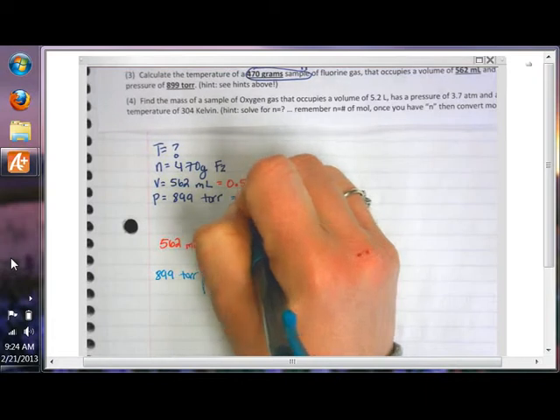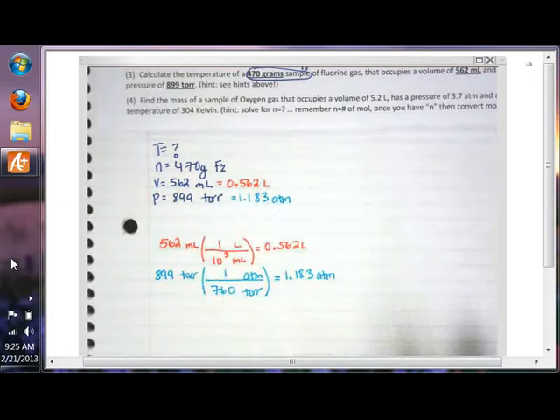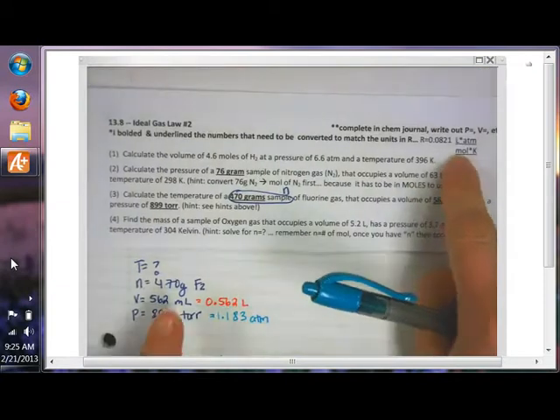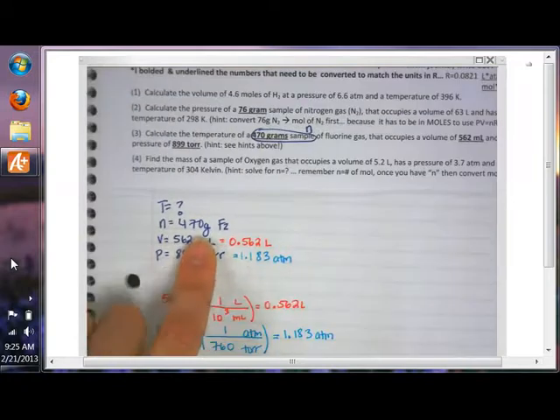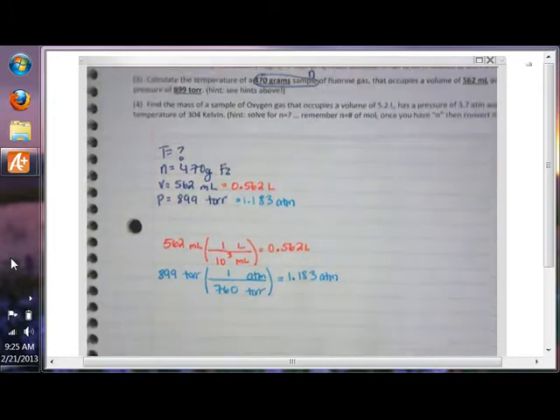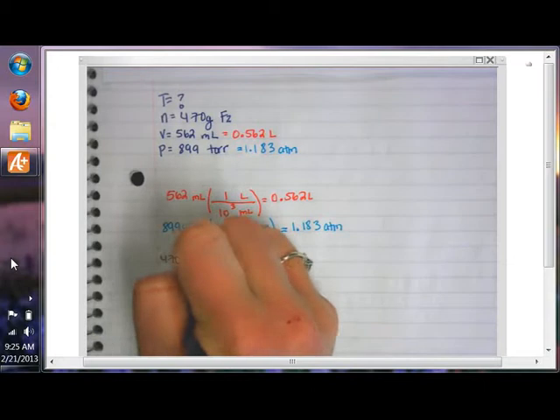1.183 ATM. And last but not least, I see that I need to be in moles, and they didn't give me moles. They gave me grams of F2. So I'm just going to use mole island. I'm going to island hop from gram island to mole island. So I'm going to take 470 grams of F2, and I'm going to convert that to moles of F2.